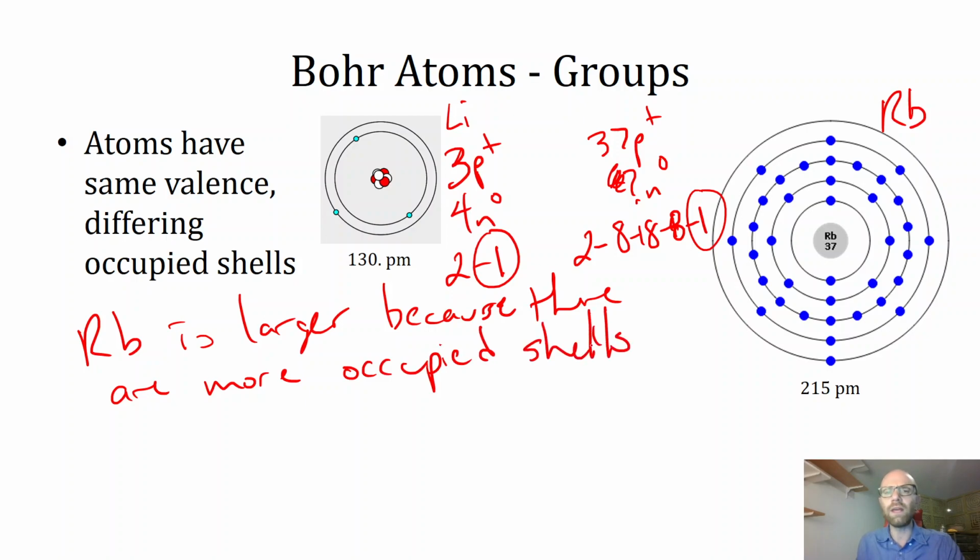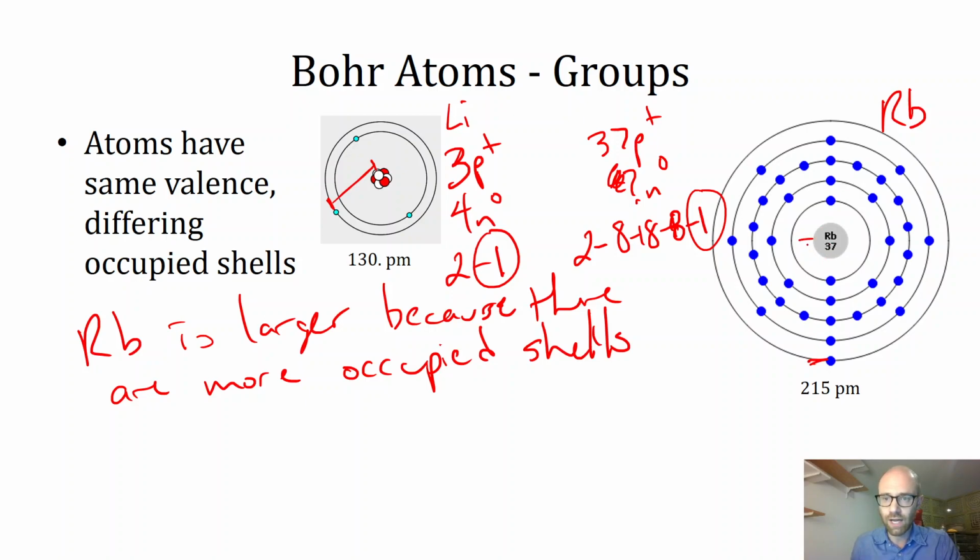I know that we should maybe be talking about the wave mechanical model as the most modern model of the atom, but like I said in that video, I think it's easier, instead of drawing a bunch of overlapping clouds, to just stick with the Bohr atoms, because this gives us enough of a ground to have a conversation on. But yeah, more occupied shells means that the distance from the nucleus to the outermost electron is just flat out longer for the rubidium.